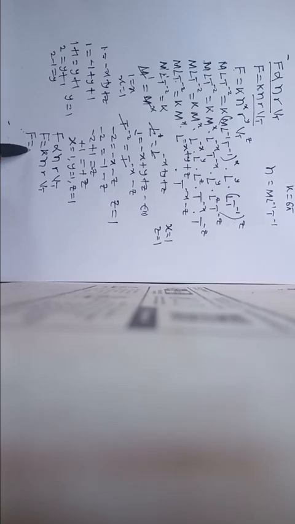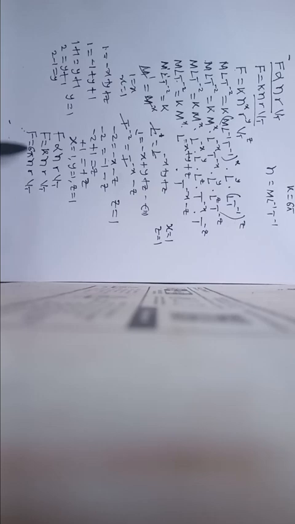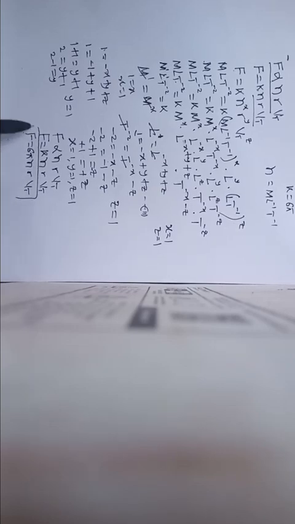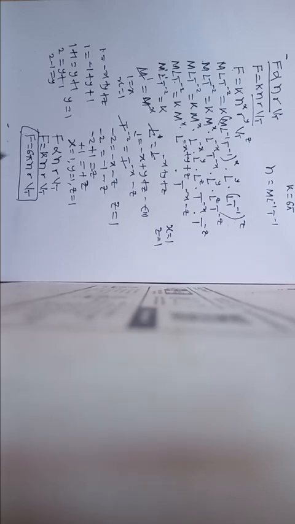What is K? K is 6 pi. So F is equal to 6 pi eta r v. This is the Stokes expression, called Stokes law. F is the viscous drag force, eta is the coefficient of viscosity, r is the radius, and v is the terminal velocity.